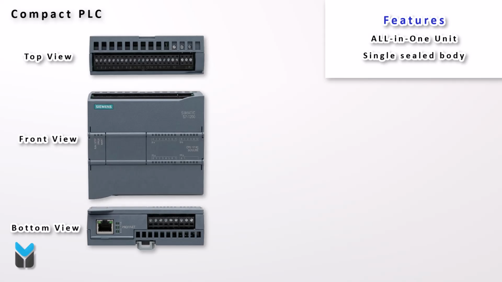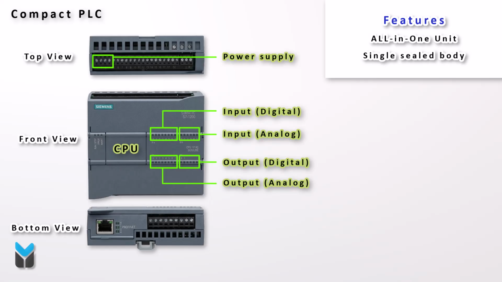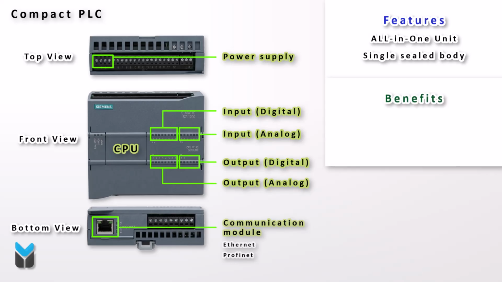Inside this single body, you receive the CPU, the power supply, a fixed number of input and output terminals, and built-in communication ports, typically supporting protocols like Ethernet or Profinet. Because of this highly integrated design, compact PLCs offer three major benefits. They are small, incredibly easy to install, and highly cost-effective.